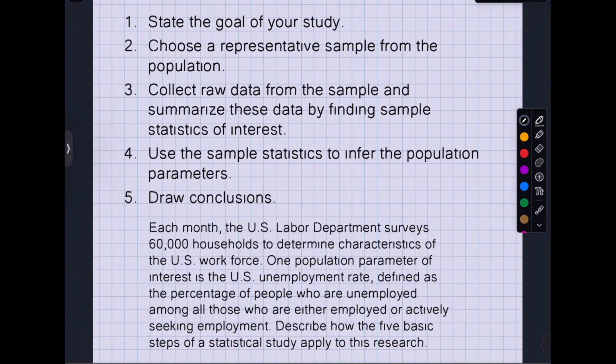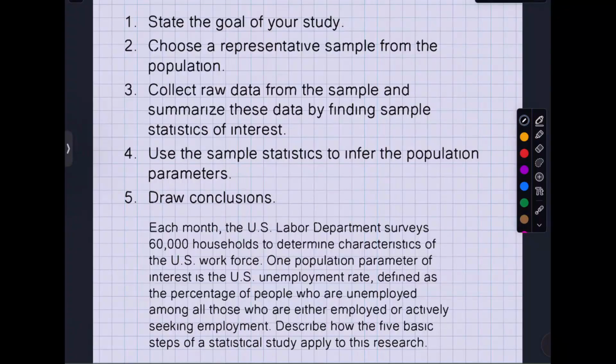And the scary part is that if you had the money and you picked 60,000 households, your data might be totally different, right? Totally different.